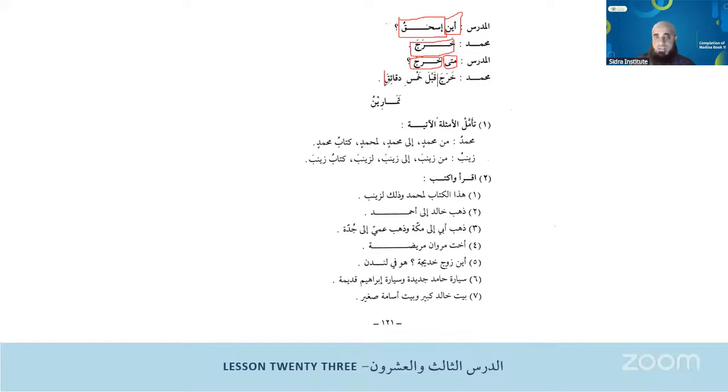So qabla is mudaf, khams is mudaf ilayh and mudaf again. So it's mudaf ilayh of qabla and mudaf towards daqa'iq, and daqa'iq is mudaf ilayh of khams. And all this double possessive phrase will become maf'ul fi dharf zaman because it's referring to time, adverb of time. He left 5 minutes before or 5 minutes ago.